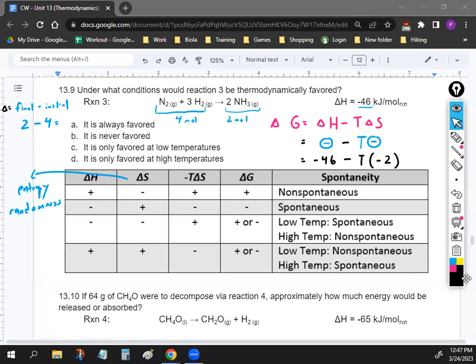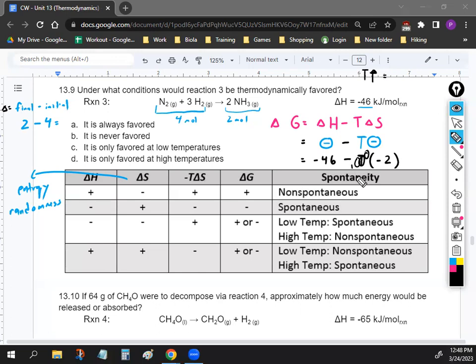Okay. So based on this information, we can start deriving some things out of this. Now, depending on what T is, this G can be positive or negative, right? Okay. So if we take a look at T right here, if we increase the value of T, if T is bigger, so let's say we make T a big number, like let's say it's 1,000, right?